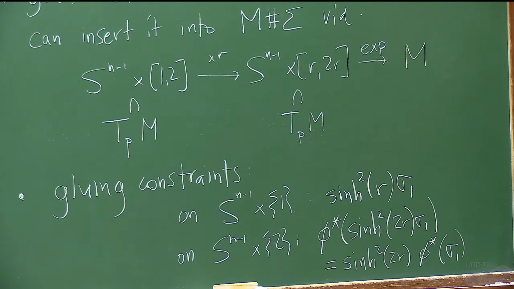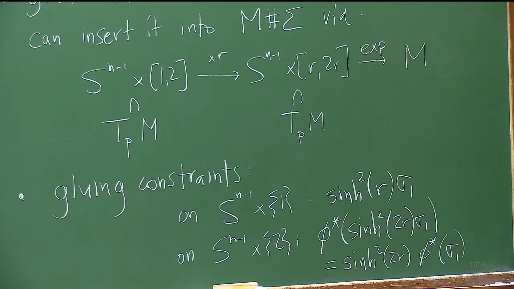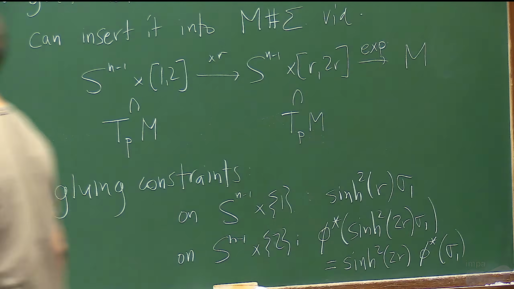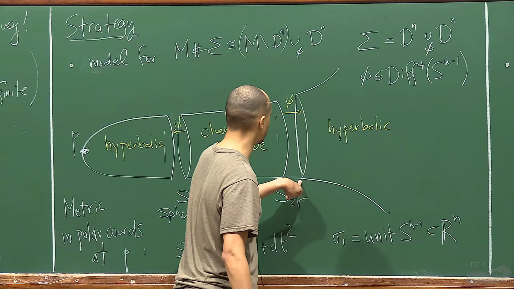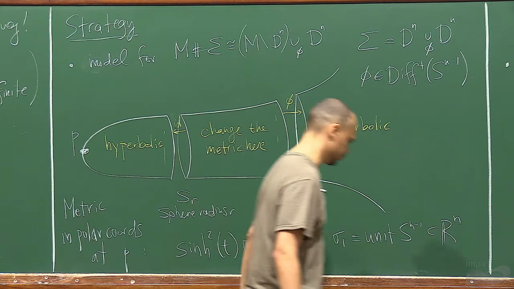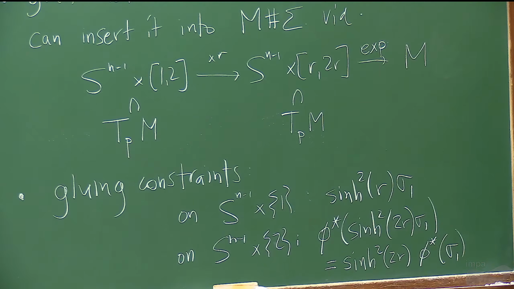So in the end, phi will be an isometry from the metric we put here to the, I mean, right, we want the two metrics to be isometric so that the gluing will be at least continuous.